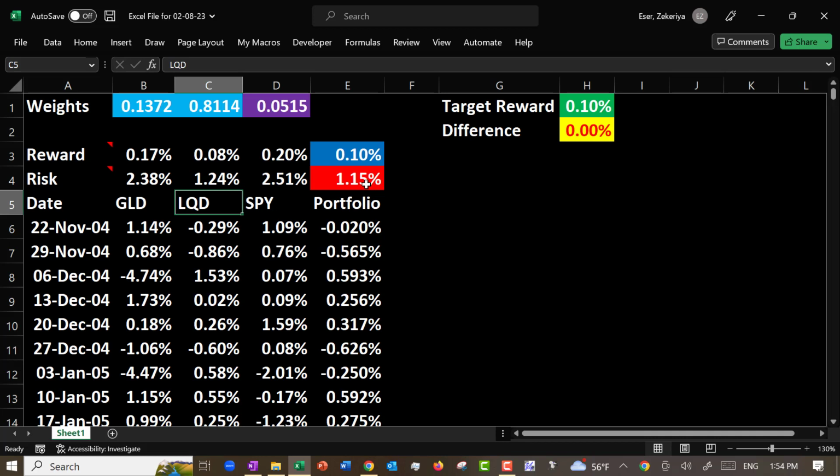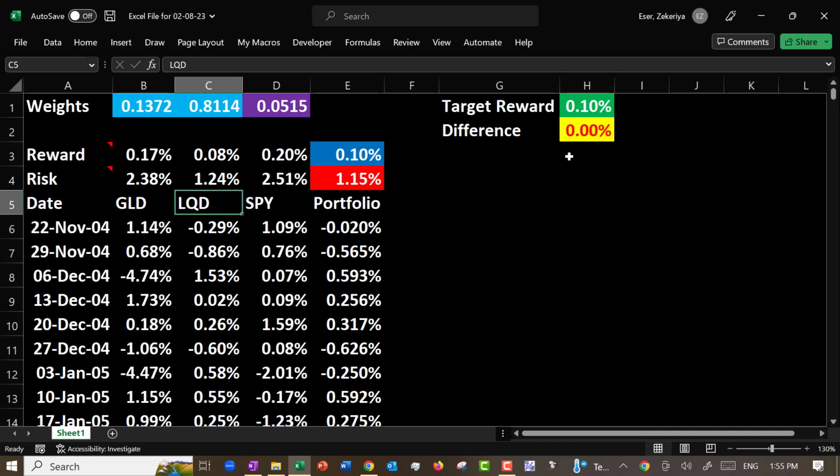That means rational people should never hold a portfolio that is 100% LQD, assuming the future is going to look like the past, because we get the expected numbers using the past data. Even though these guys have higher risk, they also have higher returns. So you can find a set of weights that's going to dominate this individual portfolio.